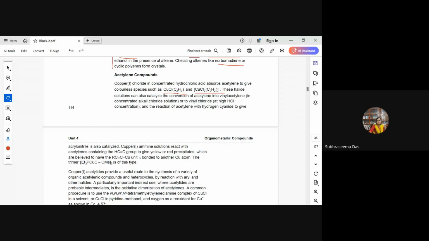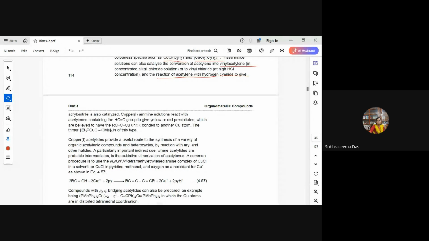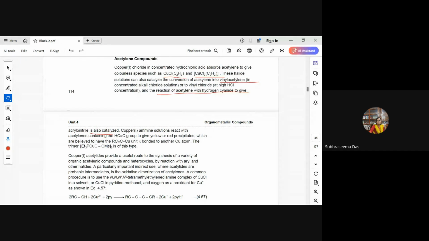So these halide solutions catalyze the conversion of acetylene into vinyl acetylene or vinyl chloride, and the reaction of acetylene with hydrogen cyanide to acetonitrile is also catalyzed. So the reaction of copper chloride in HCl has been known for catalysis reactions.